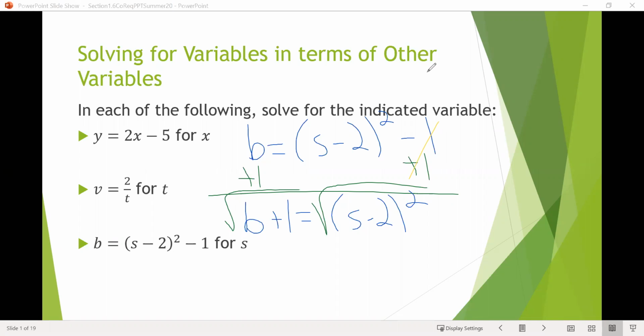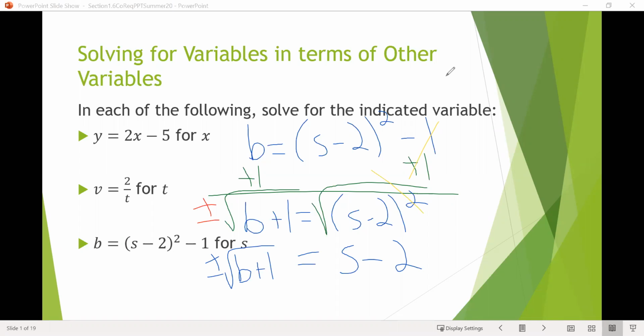Recall also that when you take a square root, when you're solving, you end up with two answers, and you show that by doing a plus or minus, okay? So on that left-hand side, we've taken a plus or minus square root. On the right-hand side, the squared and the square root will cancel out. We're left with just s minus 2. On the left-hand side right now, we have the plus or minus square root of b plus 1.